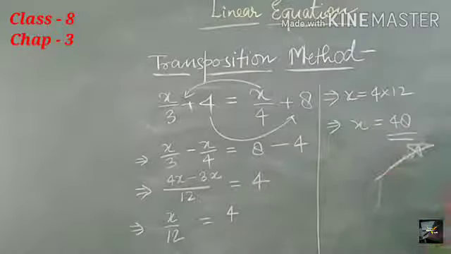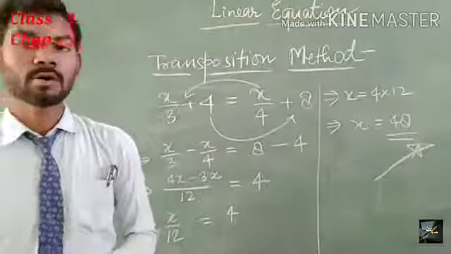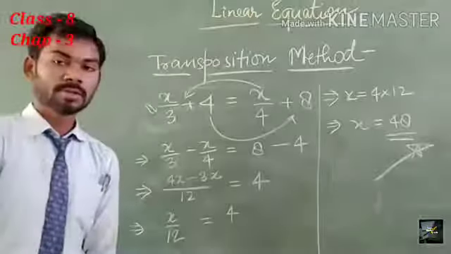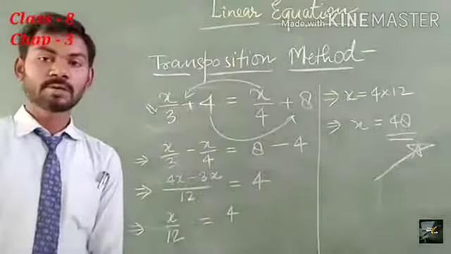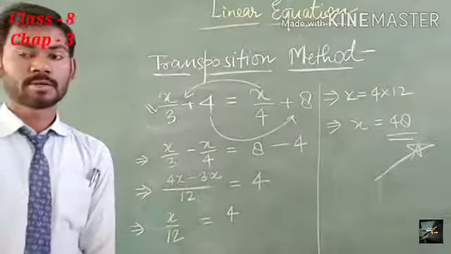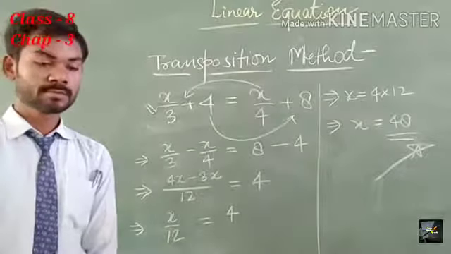Therefore, x is equal to 48 is the required solution of the given linear equation. So this is the transposition method, and in this way we can find the solution of the linear equation. Okay, so I hope it is also clear.